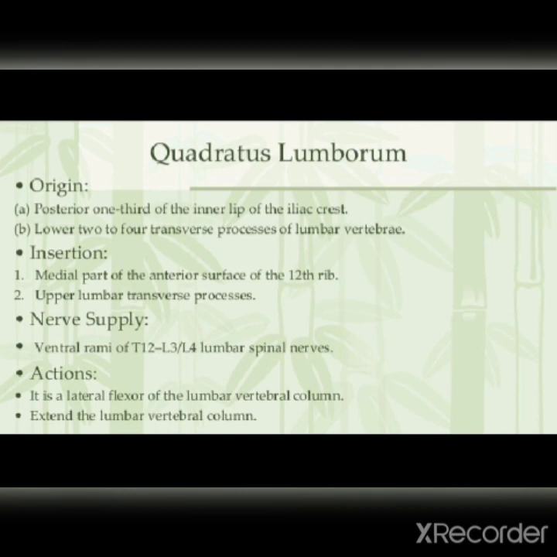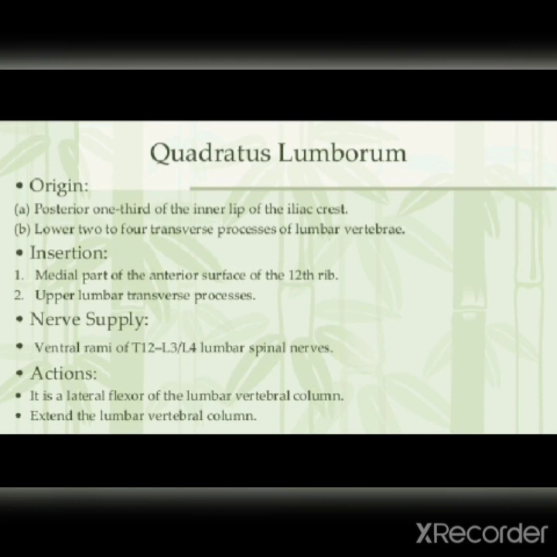The origin is from two parts: the posterior 1/3 of the inner lip of the iliac crest and the L2 to L4 transverse processes of the lumbar vertebrae. And the insertion is the medial part of the anterior surface of the 12th rib and the upper lumbar transverse processes.